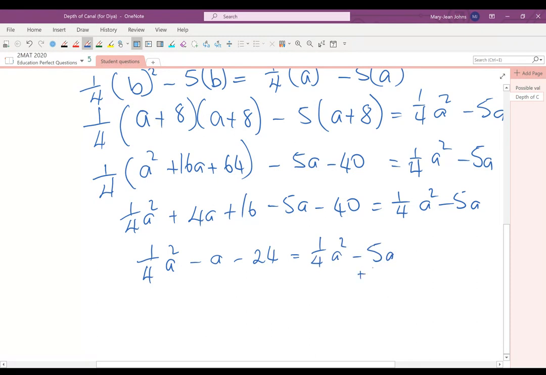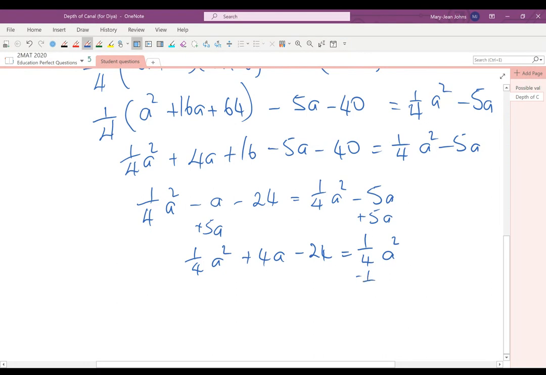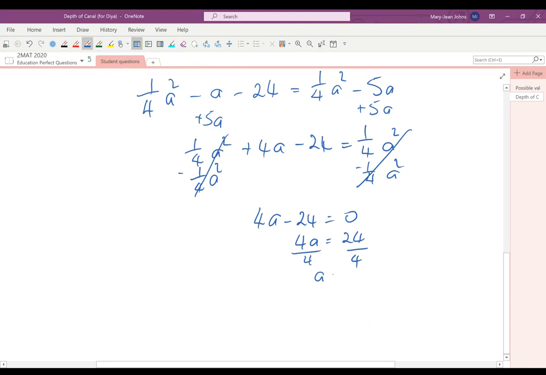Now I'm going to add 5A to both sides, giving me 1 quarter A squared plus 4A minus 24 equals a quarter A squared. And I'm going to subtract a quarter A squared from both sides, and they disappear, giving me 4A minus 24 equals 0. It gives me 4A equals 24. Divide both sides by 4, giving me A is 6.